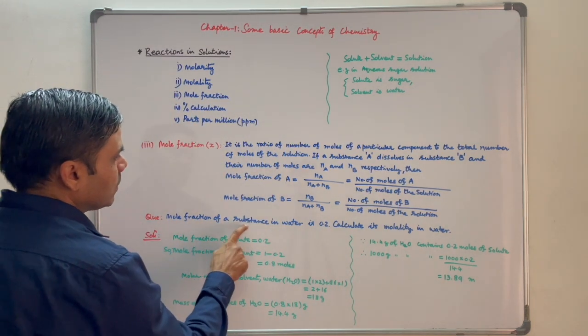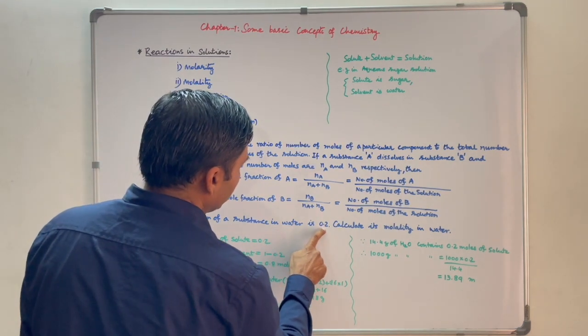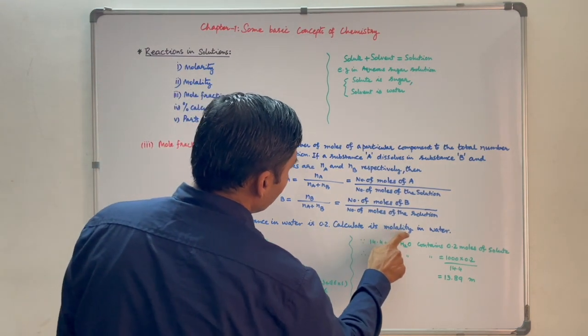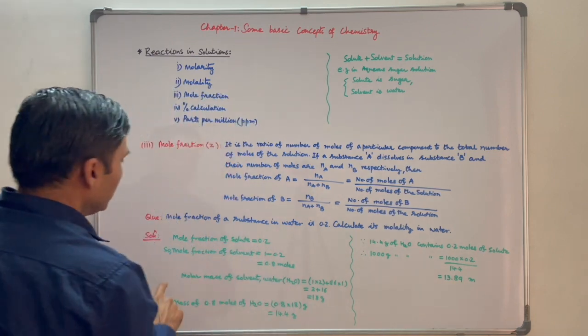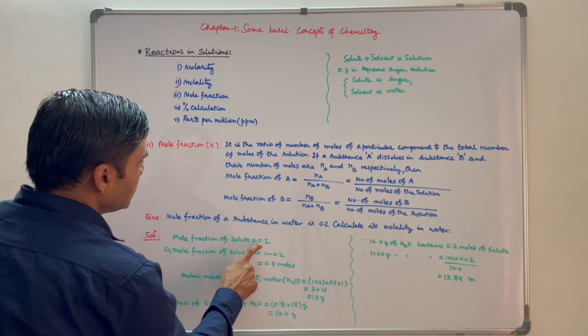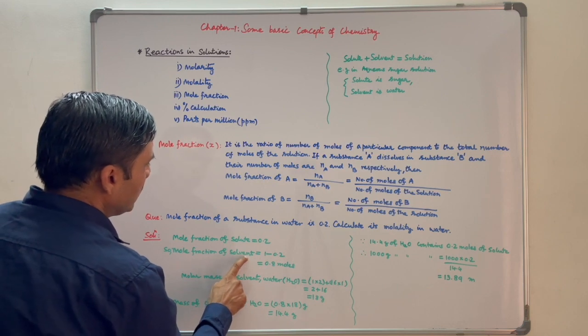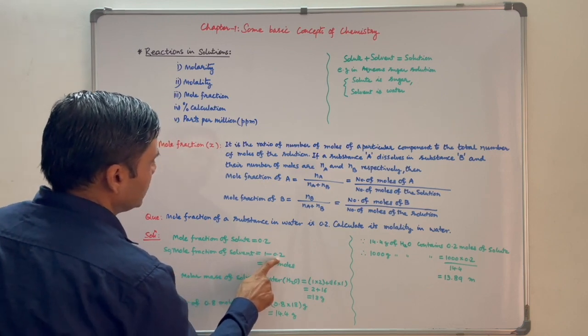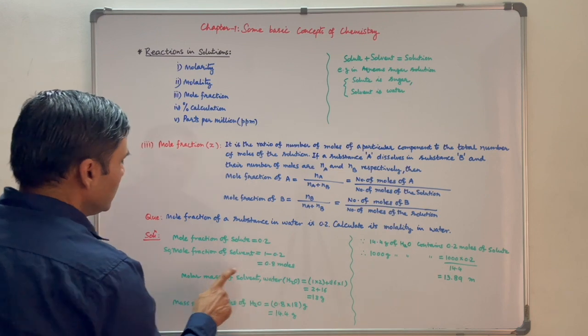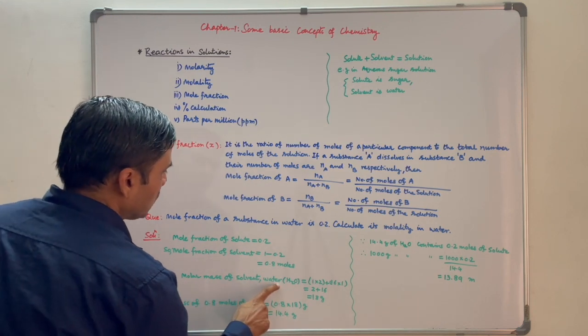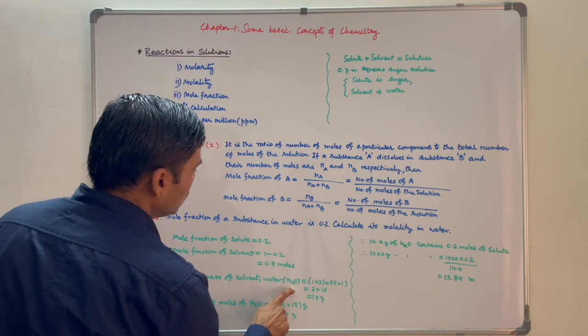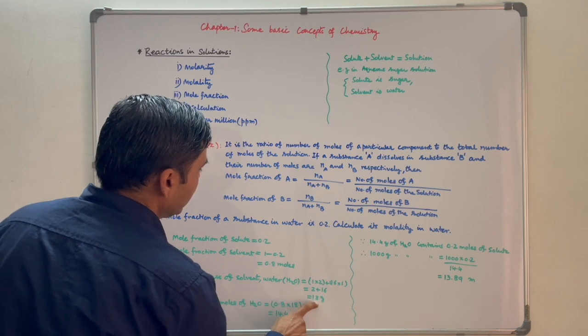Mole fraction of a substance in water is 0.2. Calculate its molality in water. Mole fraction of solute is 0.2. So mole fraction of solvent, that is water, will be 1 minus 0.2, that is 0.8 moles. So molar mass of solvent, that is water, is equal to 1 into 2 plus 16 into 1, that is 18 gram.